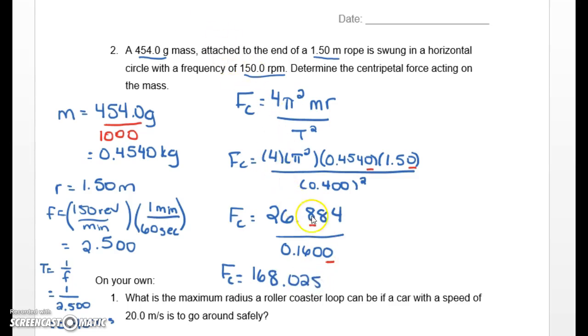And then just to account for my sig figs here, I've got 3 in the numerator, 4 in the denominator, so my answer should have 3 there. So my centripetal force will be equal to 168, and my units there are newtons.